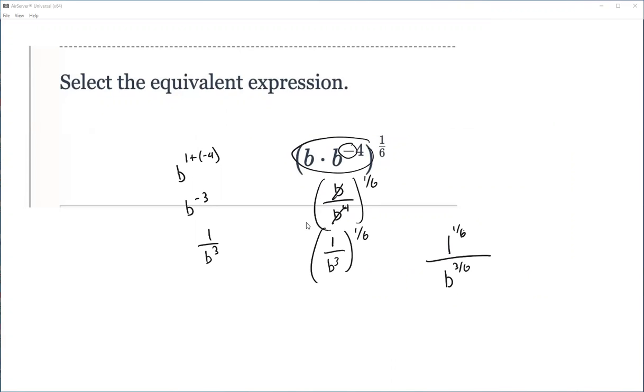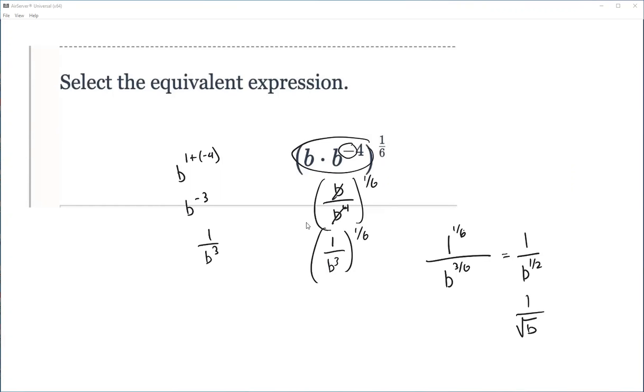So this is equal to 1 to any power is just 1, over b to the 1/2 power. This is also equivalent to 1 over the square root of b. All right.